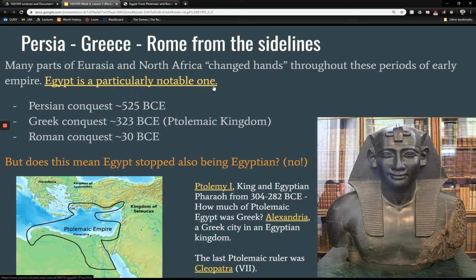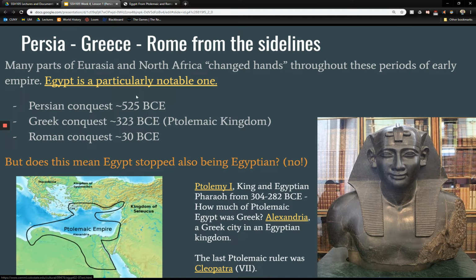I really want to talk about Egypt a little bit, because the fact that Egypt was conquered by the Persians, the Greeks, and the Romans does not mean that Egypt stopped being Egyptian. It does not mean that it lost all of its culture. Internal and individual culture and society were retained, despite the fact that nominally Egypt was under the rule of people who were not historically Egyptians.